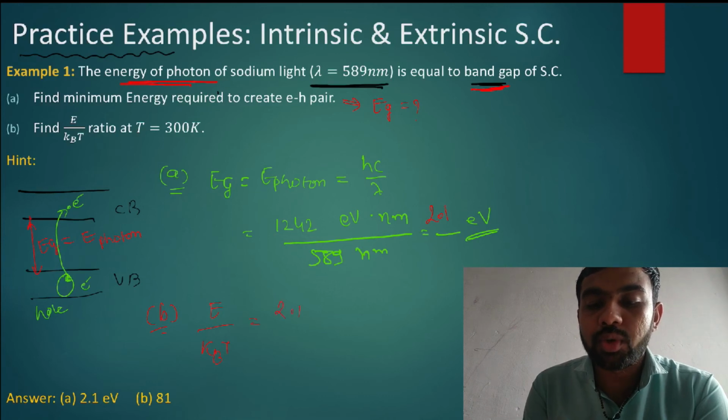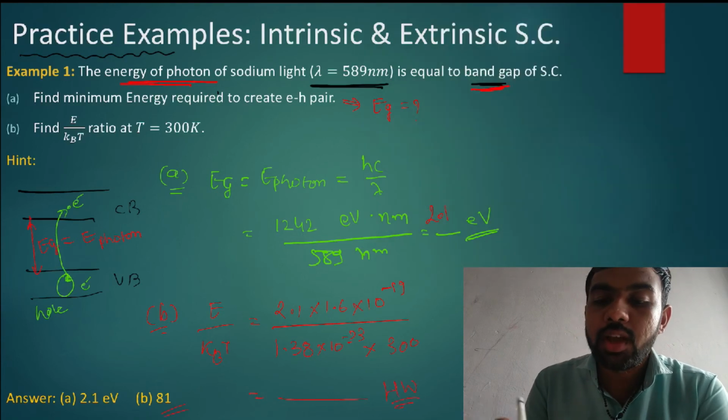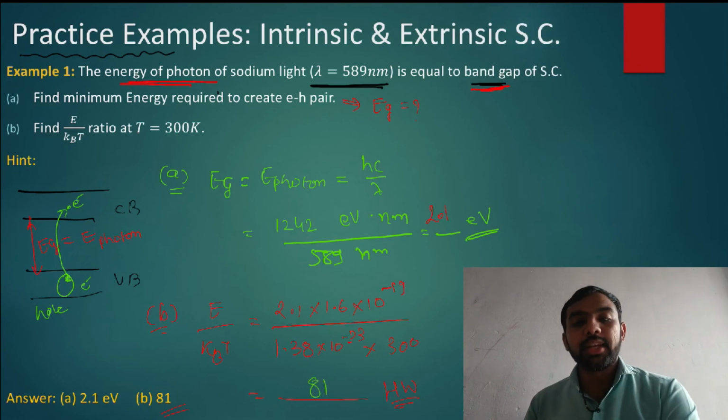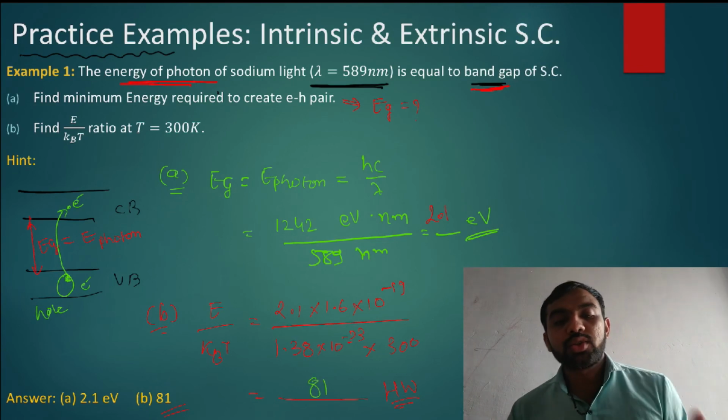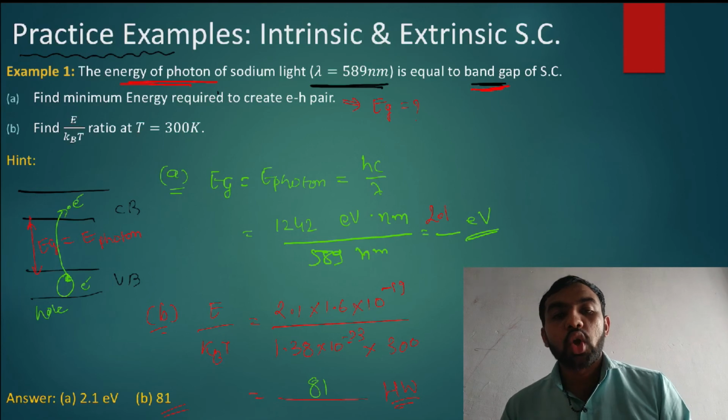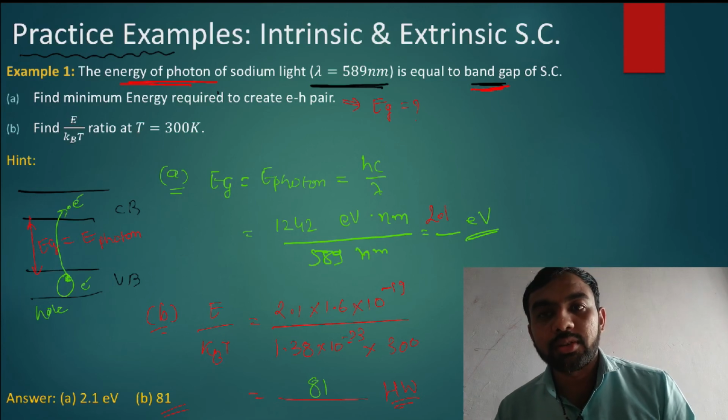E is equal to 2.1 into 1.6 into 10 raised to minus 19, converted into joules. kB is equal to 1.38 into 10 raised to minus 23, into T is equal to what? 300. Calculate this answer by yourself. This is homework. After calculating, you get 81. So very simple actually. You just find this answer by yourself. Okay, all of you must note this example by yourself.